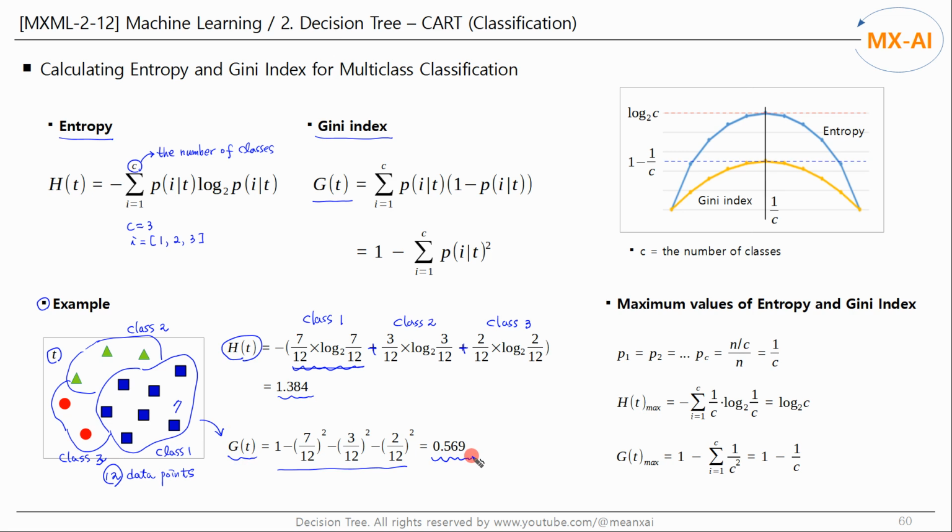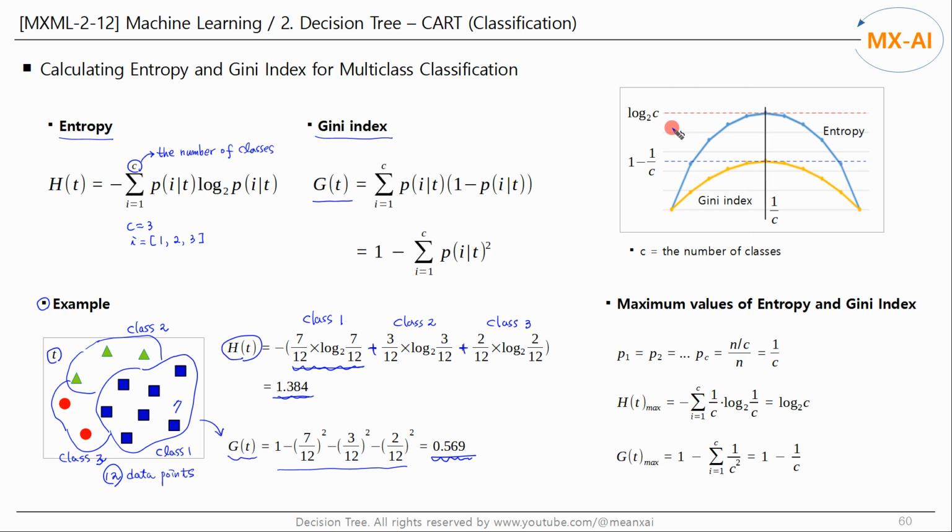In binary classification, the maximum values of entropy and the Gini index are 1.0 and 0.5 respectively. However, in this example, both values exceed those limits. Let's understand why this happens and determine the maximum values in the multi-class case.